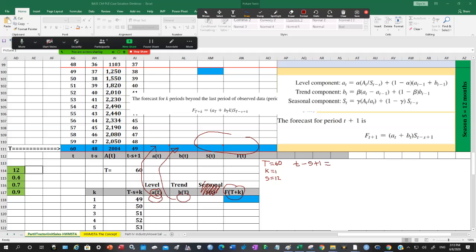Uppercase T minus lowercase s plus k would be 60 minus 12 plus 1, which is 49.